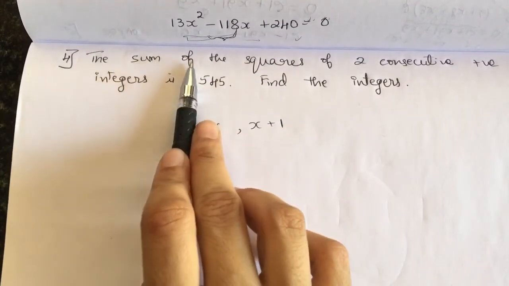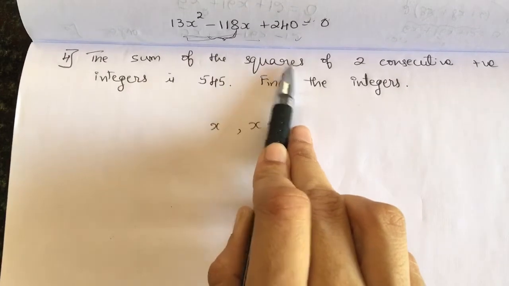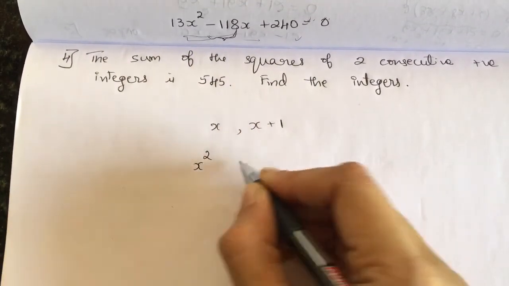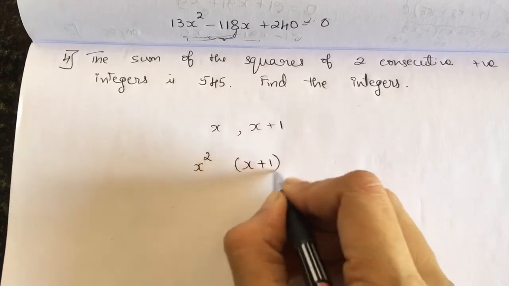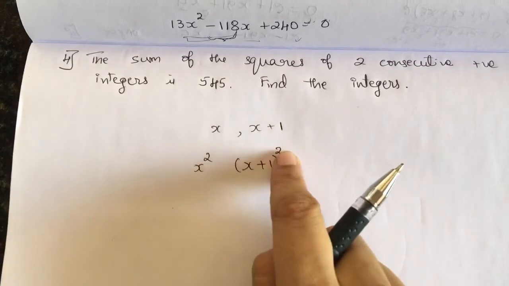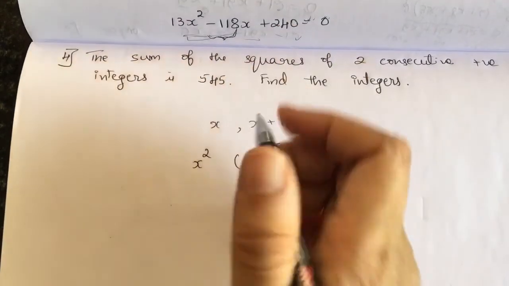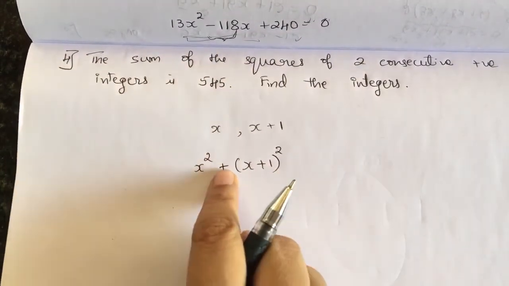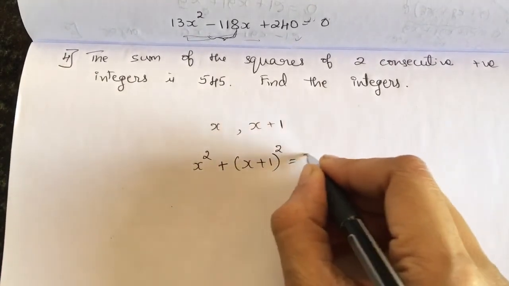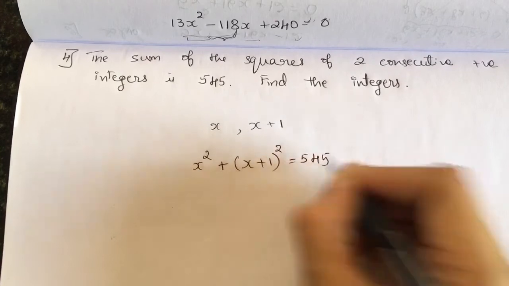So first I have to take the squares, x square and x plus 1 whole square. It is not x square plus 1 square, it is x plus 1 whole square. Sum of the squares of the positive integers is 545.